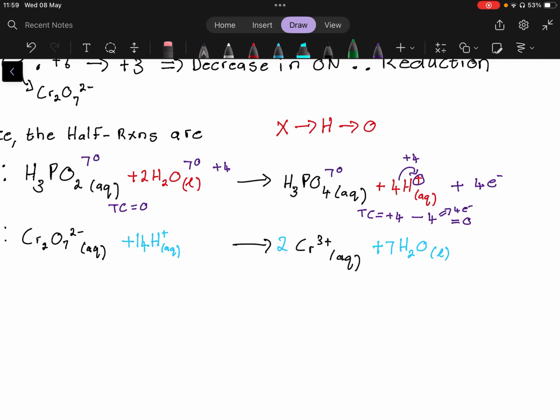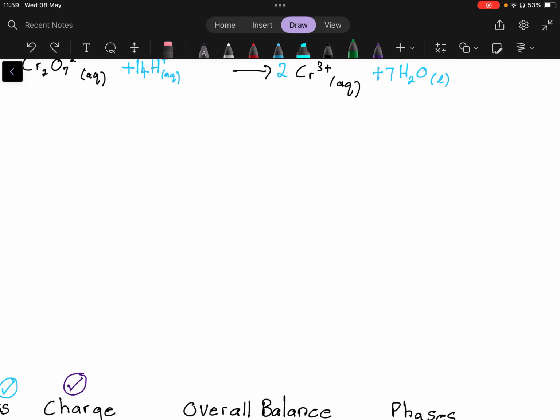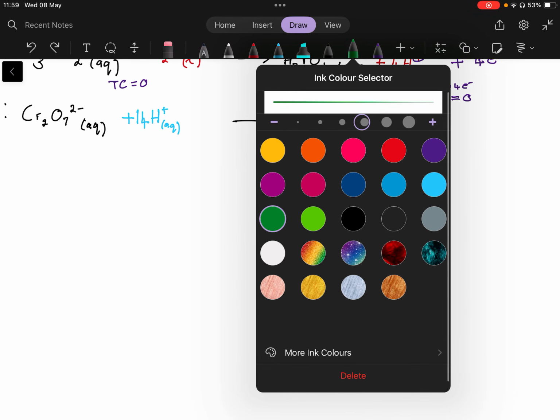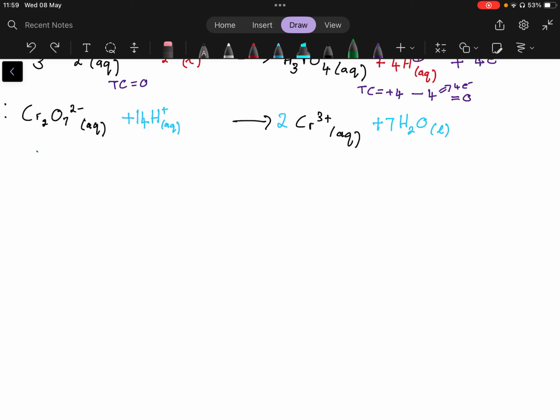We need to do the same for the reduction half reaction. So what is the charge currently here on the left-hand side? Well, it's -2, or 2 minus, that's too thick. So it's -2 total charge. It's currently equal to -2 plus 14 times 1. So 14 times +1.